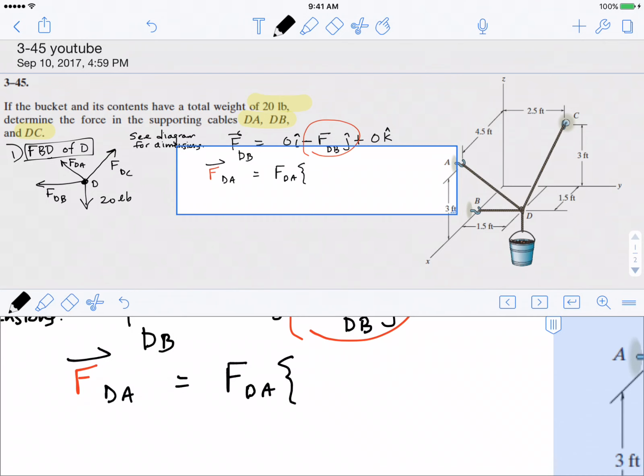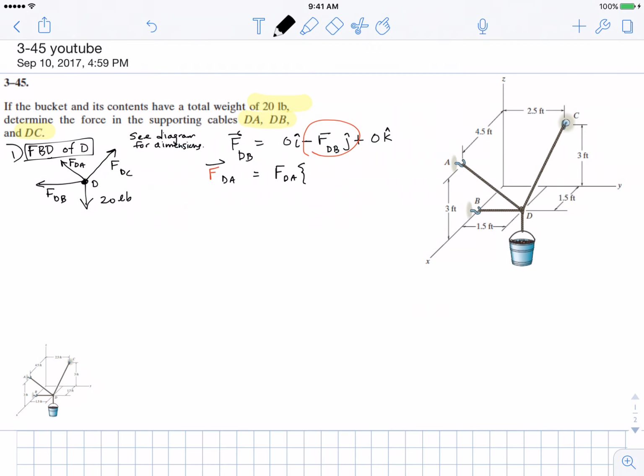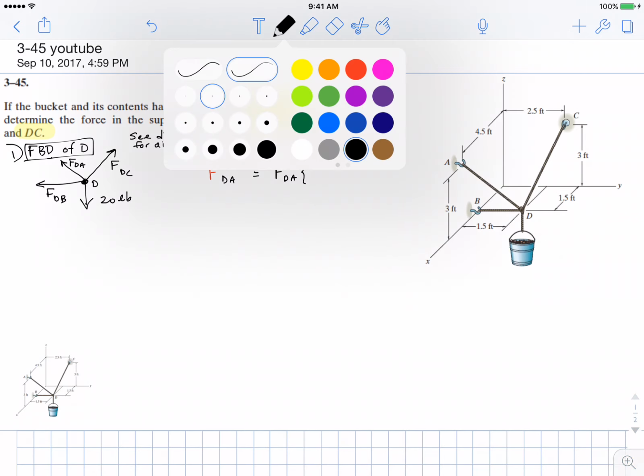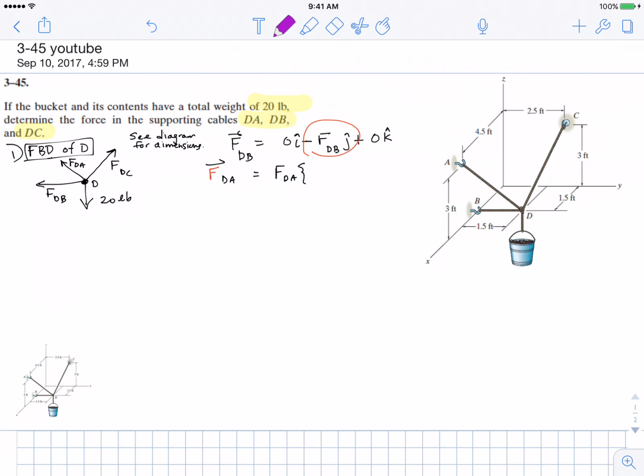So we need to look at the diagram, and I'm going to direct your attention to the picture, and I will write in purple. As we go from D to A, what do I need to do in the X and in the Y and in the Z in order to get from D to A?